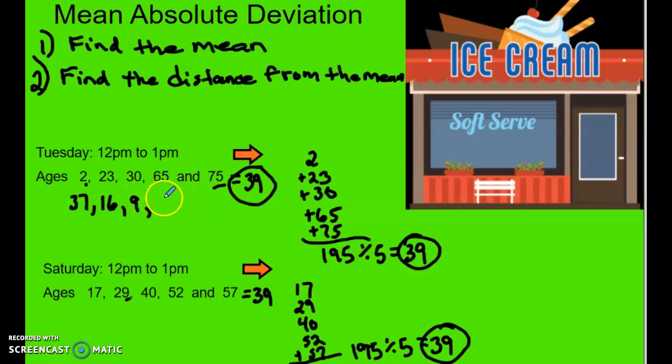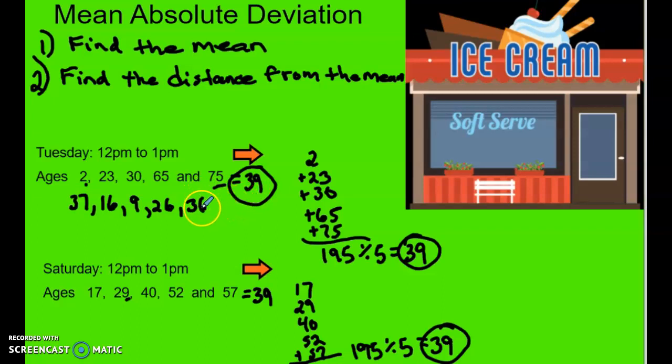And then we have 65. Again, you can go to the side and do your subtracting just to see if I'm correct. 65 is 26 units away from 39, and 75 is 36 units away from 39.